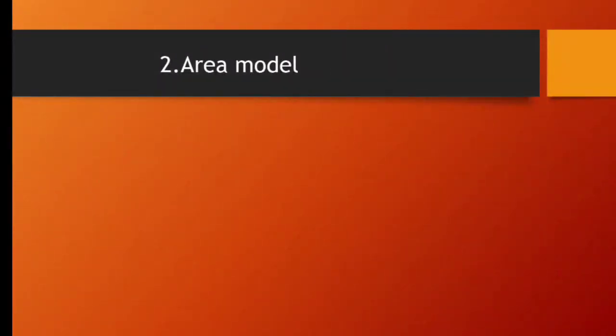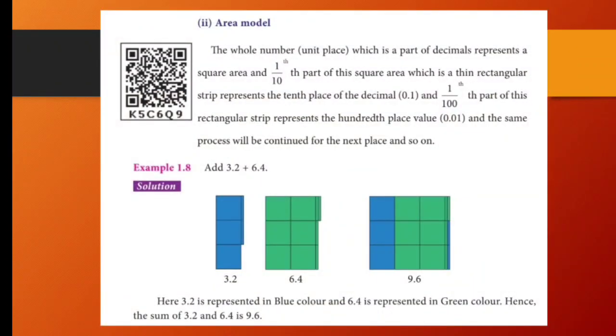Now we are going to see the next method, that is the area model. In the area model, the whole number which is a part of the decimal is represented by a square area. Here this square area represents the whole number part. 1 by 10th part of this square area, which is a thin rectangular stripe, represents the 10th place of the decimal number.